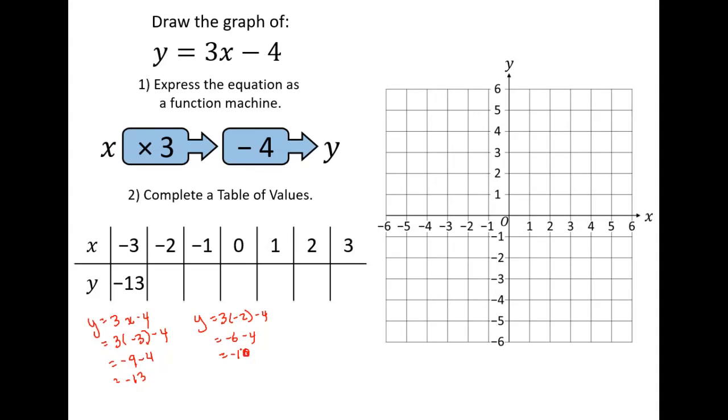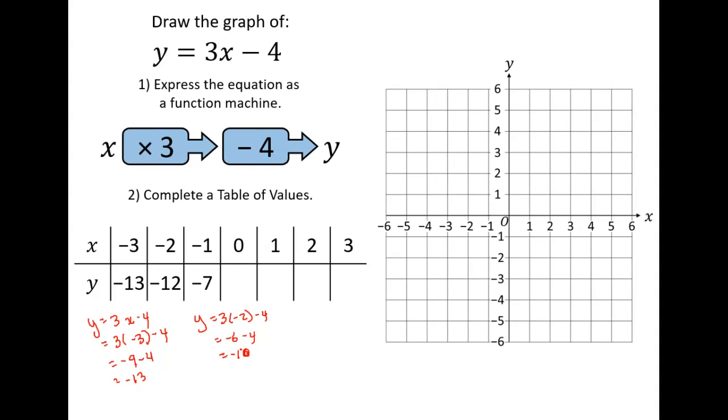Sorry, that's a 10, not a 12. How did I get 12 there? 3 times negative 2 is negative 6.